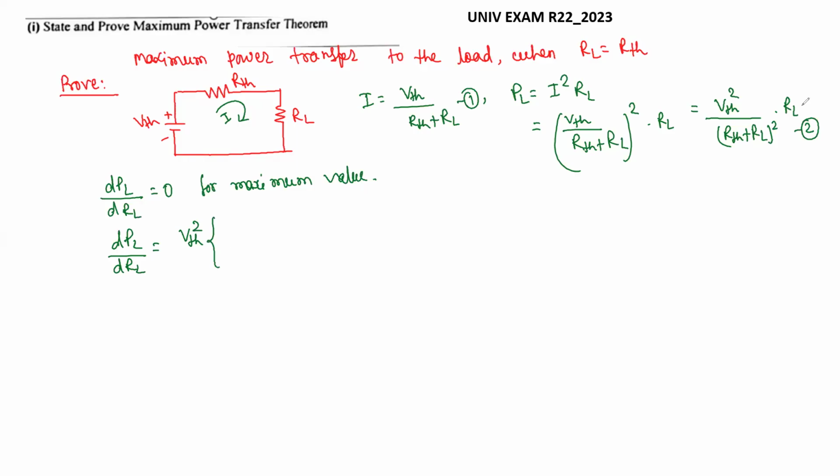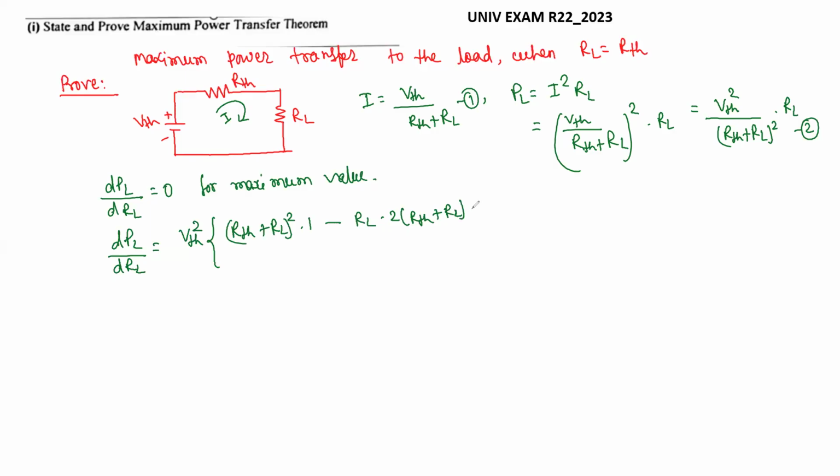And here we will use the U by V property of differentiation, how you find the derivative when the expression is in the form of U by V. You are aware of that: it will be V into du, where V is the denominator part here and U is RL. So the derivative of RL is 1, minus again U into dV, so that is 2 into the derivative of this V, RTH plus RL.